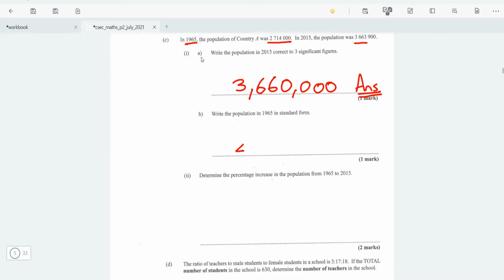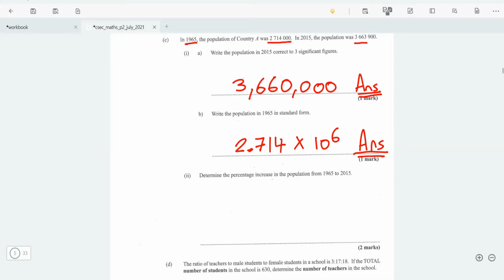Going to the left is negative. Sorry, going to the left is positive. My sincere apologies. So it's going to be 2.714, and we multiply that by 10 to the 6th power. And that is going to be the population in standard form.